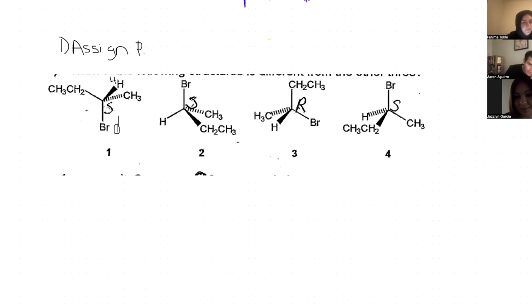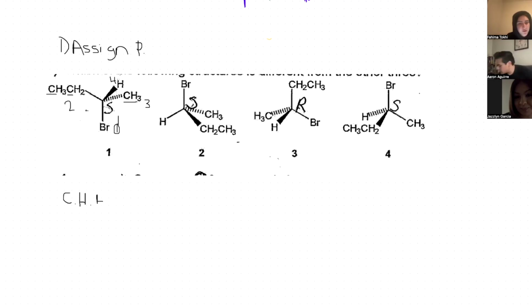Okay, the way we assign priorities, just for everyone again, you go out one, right? You find the higher atomic number. But when they're the same, like a carbon and a carbon, you see what they're connected to. The methyl group has three H's, and that carbon, which is part of the ethyl, has two H's and a C. So the two H's and a C beats the three hydrogens. You look at the first point of difference.